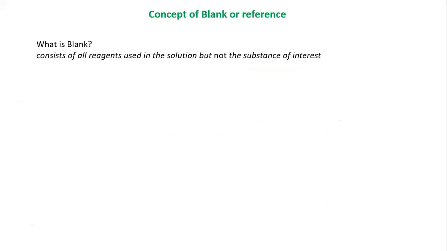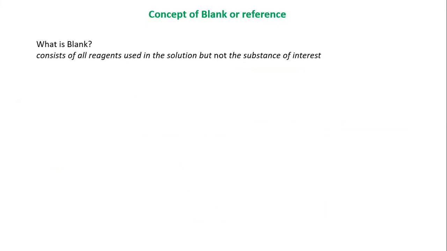Now, I hope that you have got this understanding clearly in your mind: what is a blank in a spectrometric analysis. Blank is going to be a mixture of all the reagents except the compound of your interest.